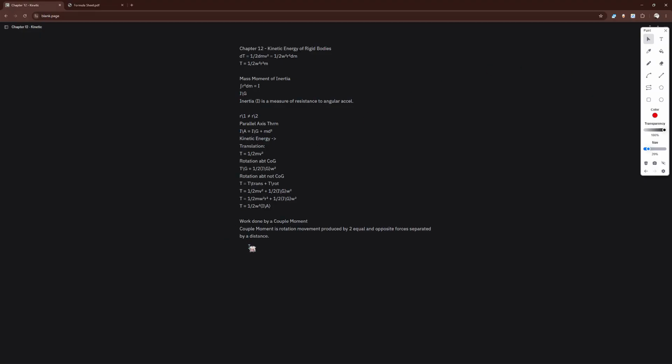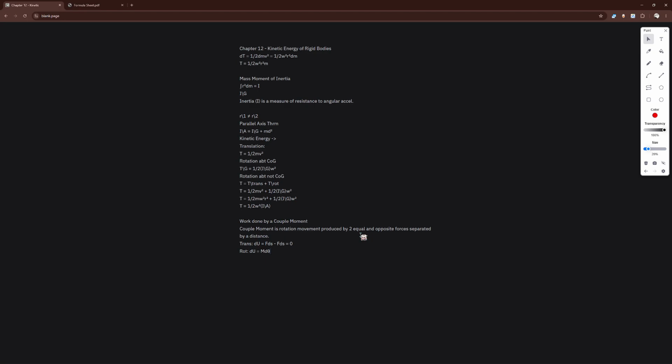So for the translational work of the couple moment, we have that dU is equal to F ds minus F ds. This is denoted subscript t because of translation, but that doesn't matter. I'm not going to write that. As you can see, the translational work is just 0, right? And for the rotational work, we have that dU is equal to M, which is a moment, d theta, right?